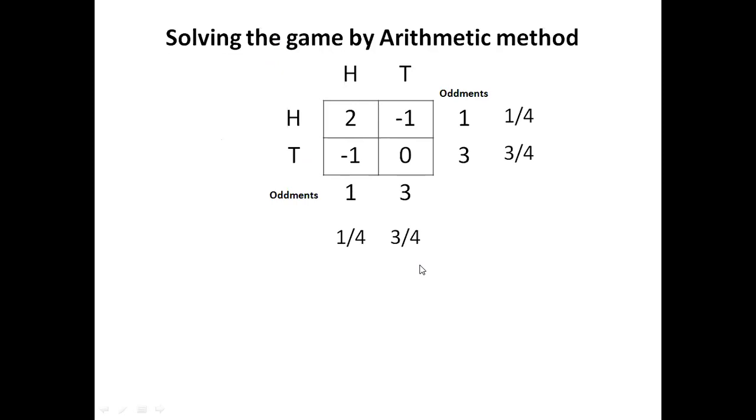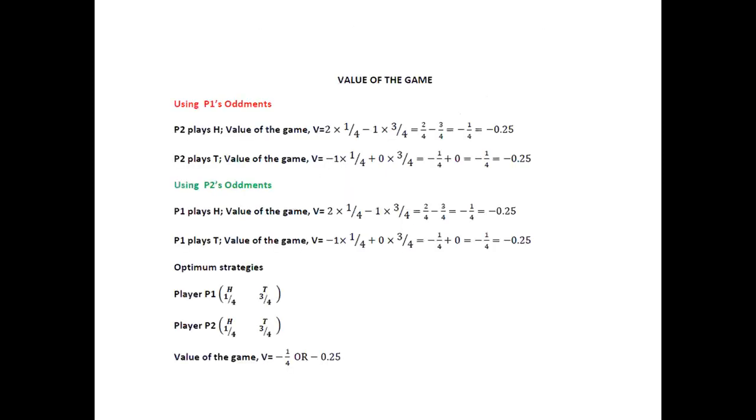Then the value of the game is minus 1 by 4. Please concentrate here: whatever the oddments, with player P1 using his oddments, then player P2 playing with a single strategy, the outcome or the value of the game will remain the same. You just see here: minus 0.25, minus 0.25, minus 0.25, minus 0.25.